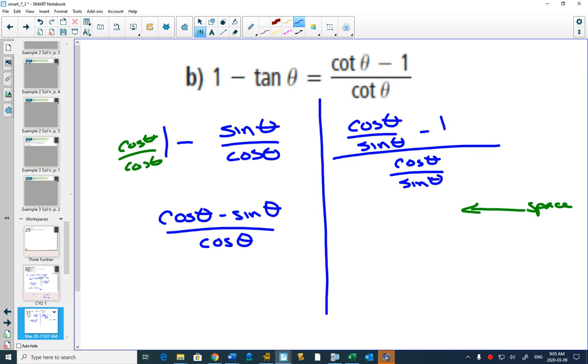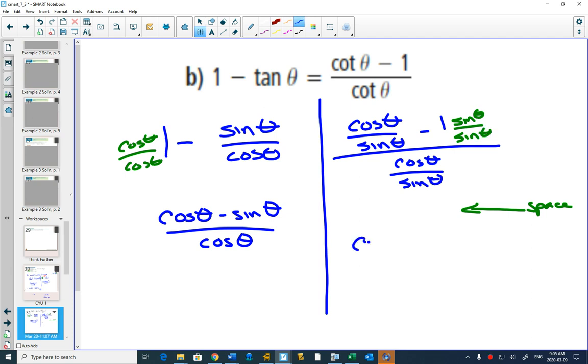And I've got a single fraction on the left-hand side. On the right-hand side, I want to do the same thing. So how do I get a single fraction? Well, first I want to get a fraction divided by a fraction so I can multiply by the reciprocal. I never want to multiply by the reciprocal before I have one fraction on the top, one fraction on the bottom. So how do I get one fraction on the top? Subtracting needs a common denominator.